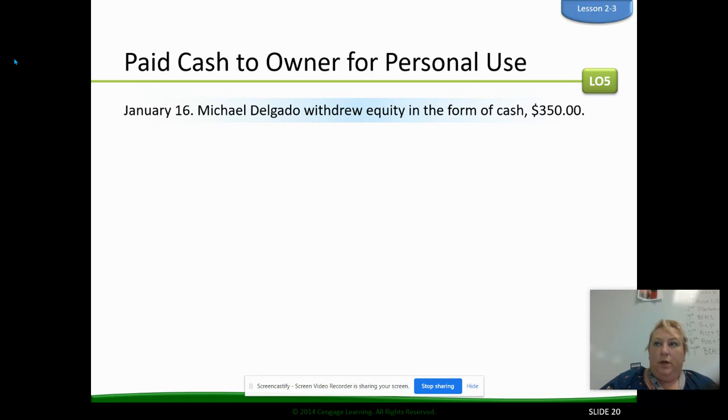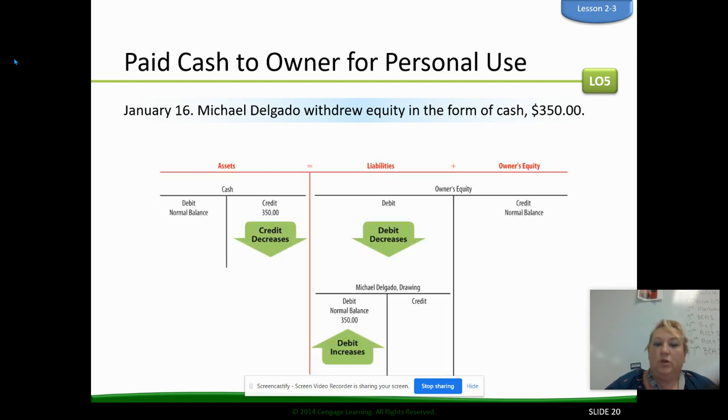The owner, personal use. Our owner, Michael Delgado, withdrew equity in the form of cash. So he is taking value out of the business. And so we're going to use an account called owner's withdrawals or owner's drawing. So you have Michael Delgado drawing. And remember, because it's reducing my value, it's going to go on that debit side of owner's equity.